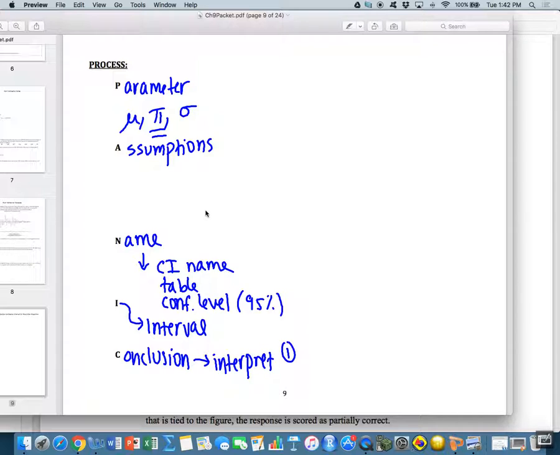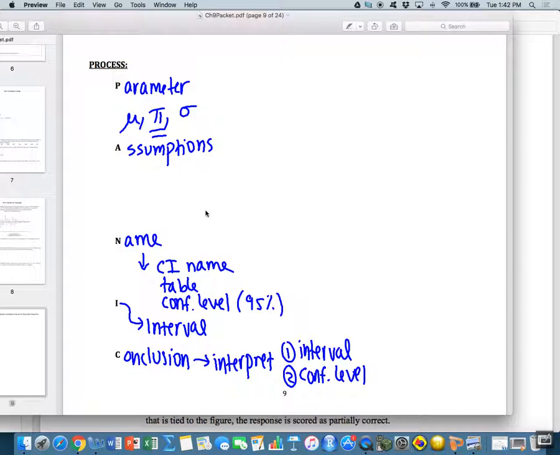First thing that you are going to interpret is your interval. Second thing that you are going to interpret is the confidence level. So if I calculate a 90% confidence interval, what does the 90% mean?